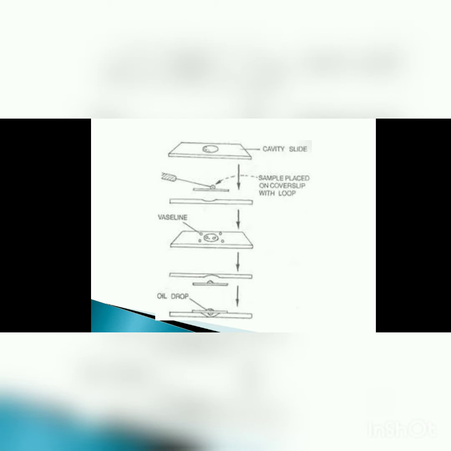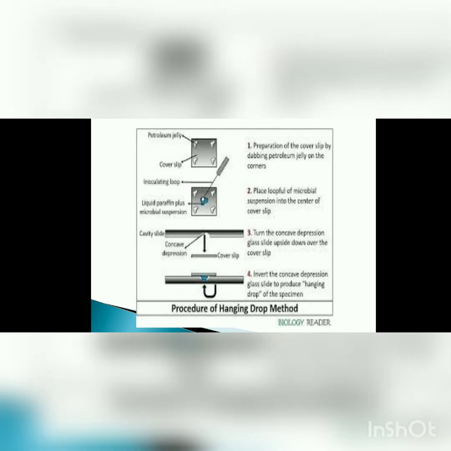This is the picture showing the concavity slide, placing the microbial culture on the cover slip. Then you can see the cover slip on which petroleum jelly or wax is applied. Then, using an inoculation wire loop, the microbial culture is placed in the center.